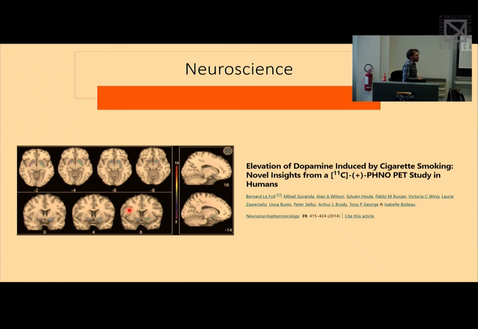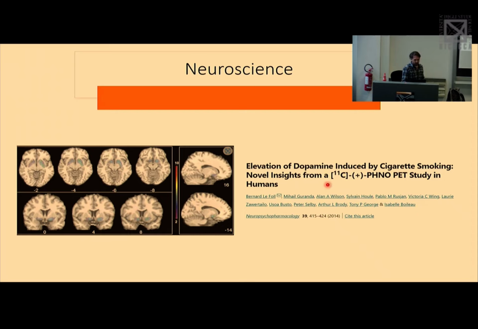But as I've told you at the beginning, you can bind almost any kind of molecule and follow it from the outside. So if you are able to synthesize a molecule which works identically to something of interest like a neurotransmitter, which is a super complex molecule, and you are able to tag it with radioactive isotopes, you can study multiple things.